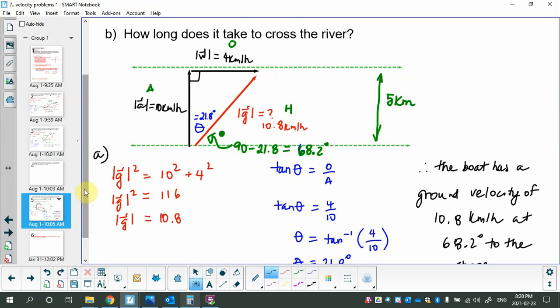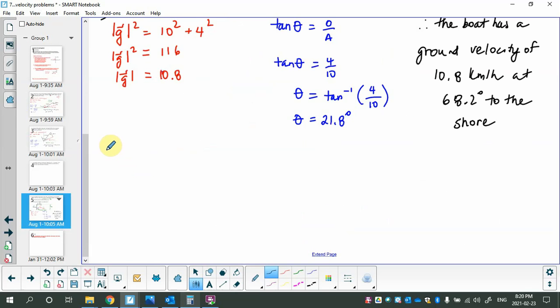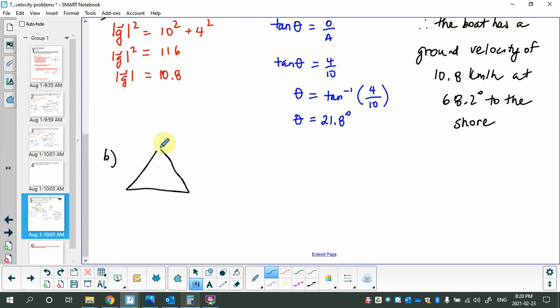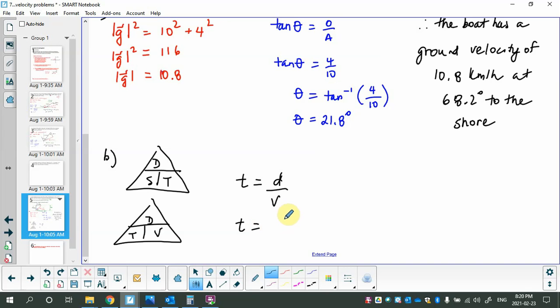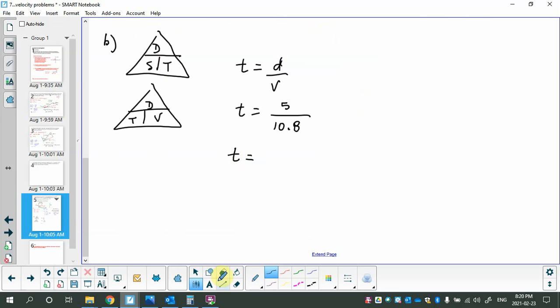So what we can do is dig out the good old distance, speed, time triangle, or I guess in this case, distance, velocity, time, and it doesn't matter the order here. I am looking for time, so that is me taking distance and putting velocity underneath it. So the distance was 5 kilometers, the velocity is 10.8 kilometers per hour.